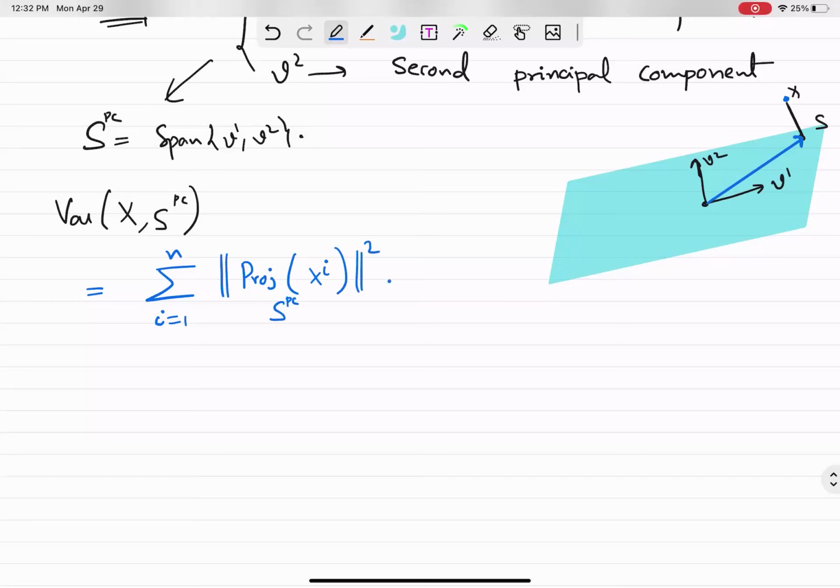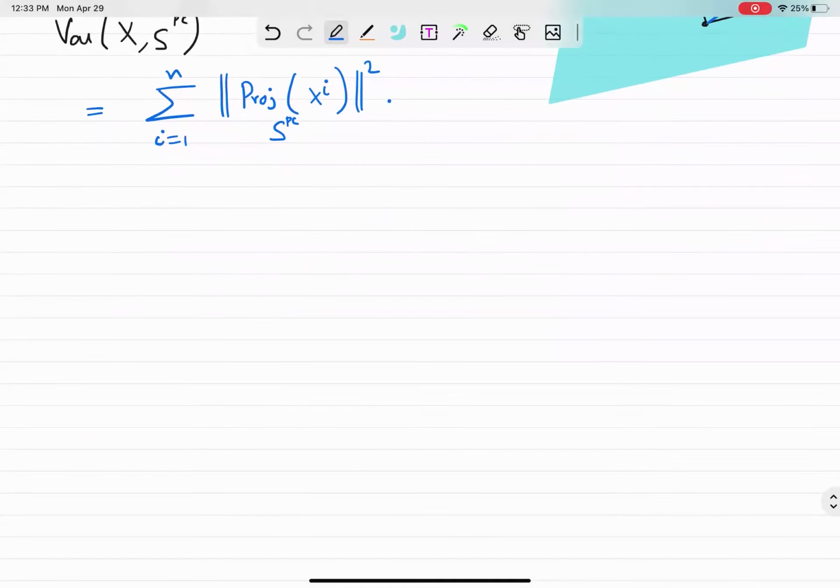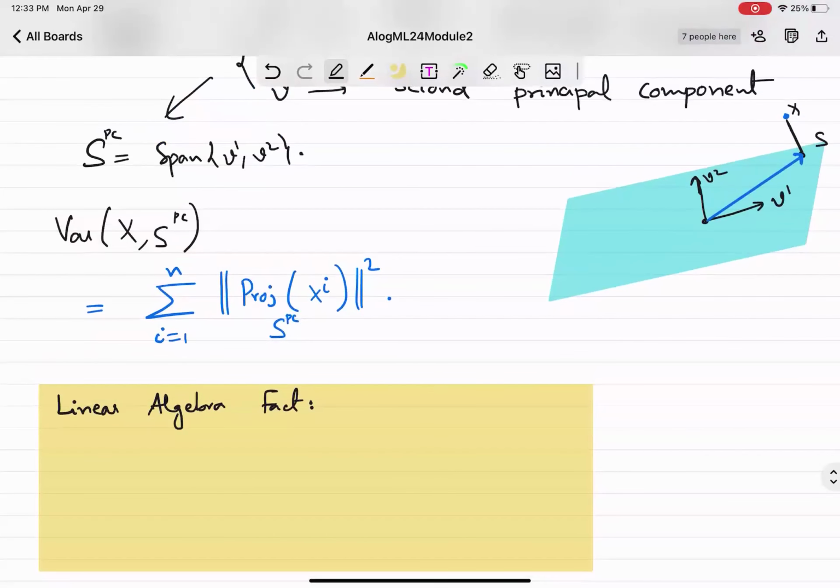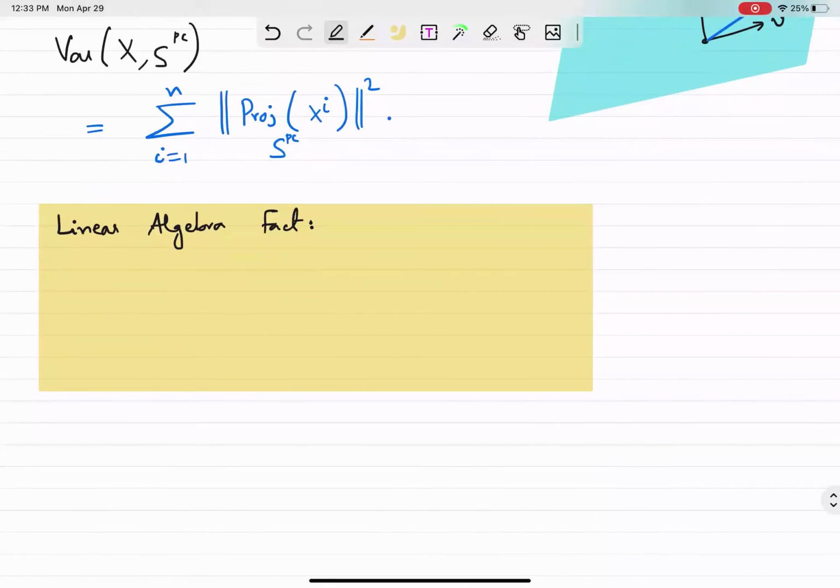Okay. And here we're going to use another fact from linear algebra. Okay. So what's the linear algebra fact? So my claim is that you can compute the length of this blue line squared easily by computing inner products. Okay. So why is that and how do you do that?